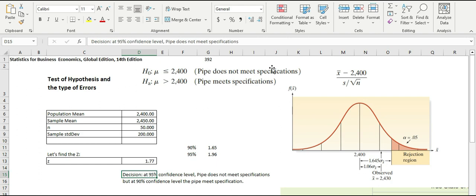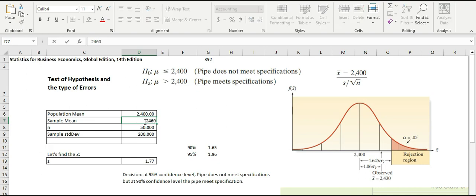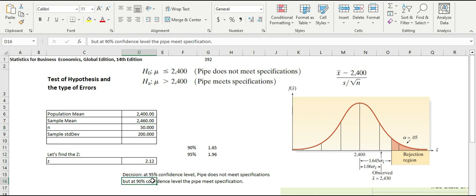If we change it back, the answer is 2.12, so we decide that at the 95% confidence level, the pipe does meet specifications. That's how to check. Before doing this, you must make sure that the sample population is normal.